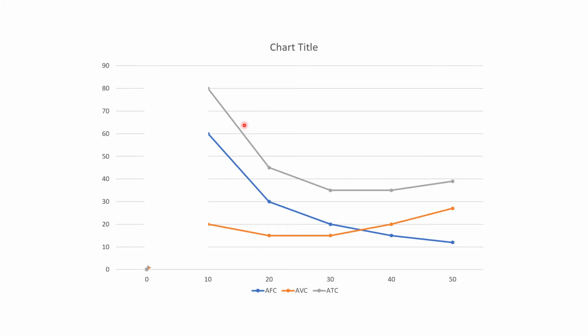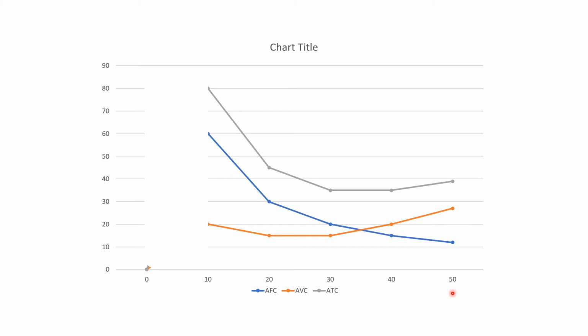What we'll look at next is the shape of the curve. The fixed cost, the blue one, is a downward sloping curve. It will continue to go downwards as the quantity increases.